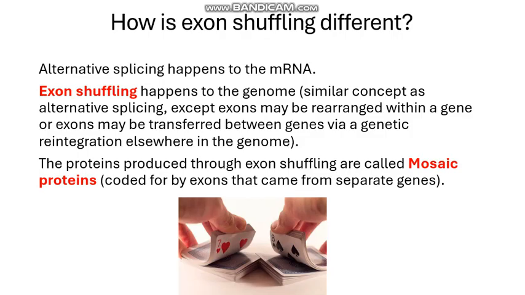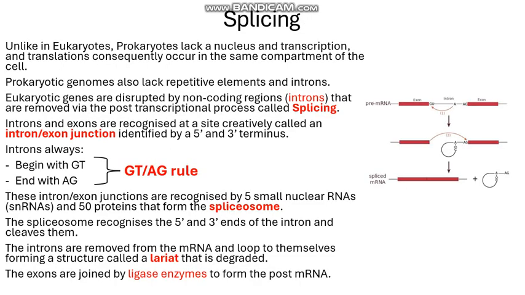How is exon shuffling different to alternative exon splicing? Well, alternative splicing happens to the mRNA. So it's happening in this step. Alternative exon splicing, where you have this pre-mRNA shown on the right, is having its introns removed by the spliceosome, recognizing the intron-exon junctions.